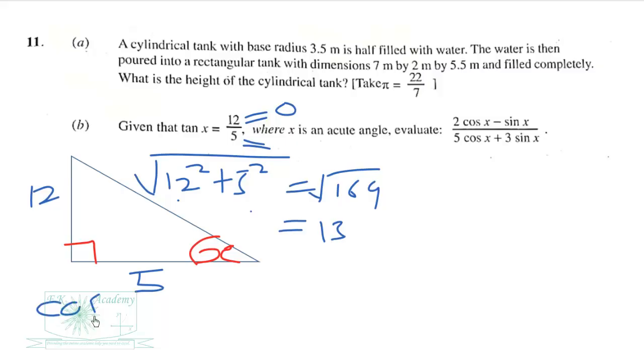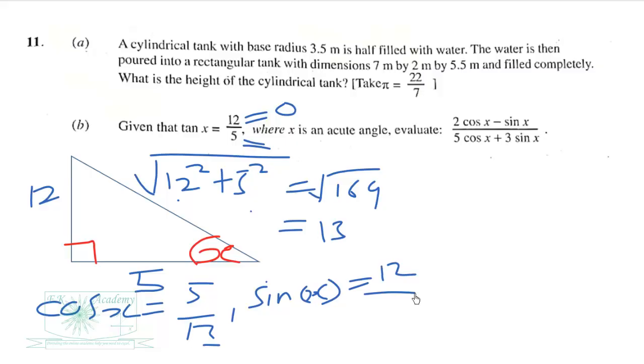So cos x will be equal to adjacent, which is 5, over hypotenuse, which is 13. And sin x will be equal to opposite, which is 12, over hypotenuse, which is 13.